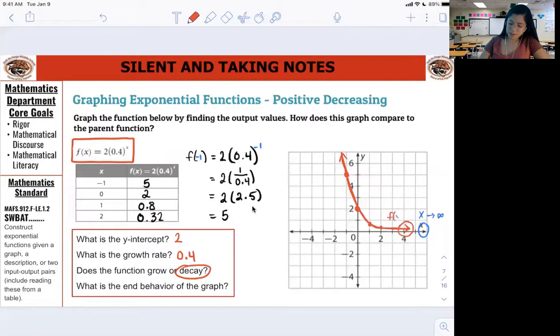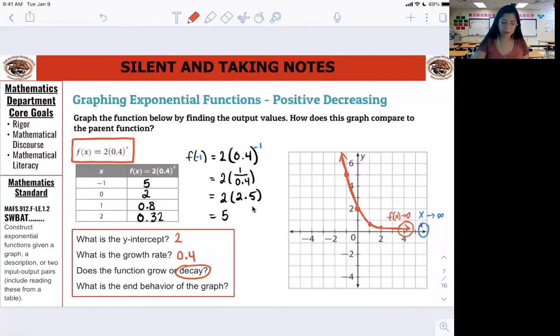There's no such thing as -0. Actually, Juan, I see you posted it in the chat. As x approaches infinity, f of x is trying really hard, but it's never going to touch the ground. It's never going to get to 0. So it's approaching 0. Think of it like a plane landing. A plane will touch the ground. This function is kind of like a plane that's landing, but never going to actually touch the ground.